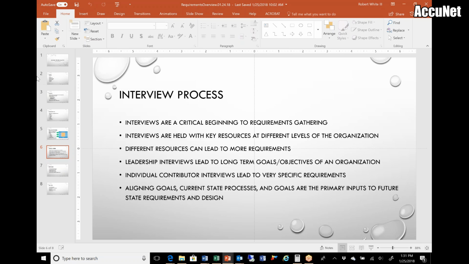The reason why is somebody who's entrenched in the weeds of a particular process may have something really valuable to say, or may have something disgruntled to say, but that opinion doesn't always match the person who put it in place or who designed it, who was typically a manager or an executive who designed it and put it in place.